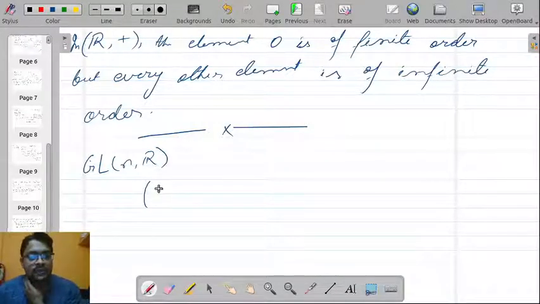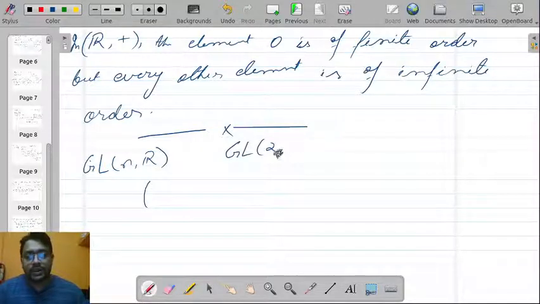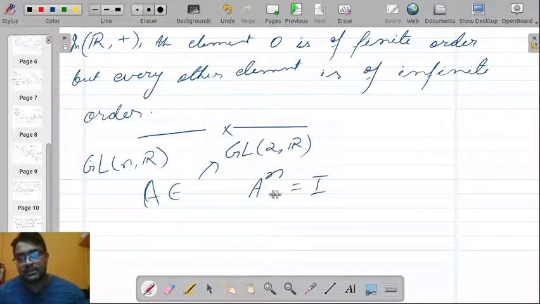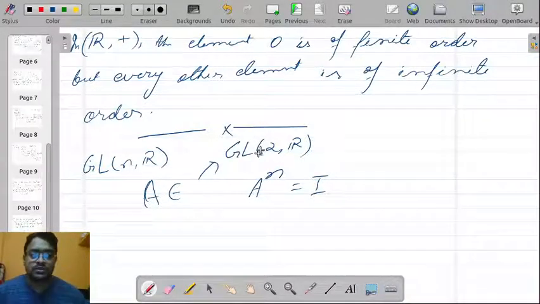If you have a matrix, say let us consider GL2R, such that A to the power n equals the identity element, then the least positive such n is said to be the order. The definition is obviously the same definition for the order of an element.